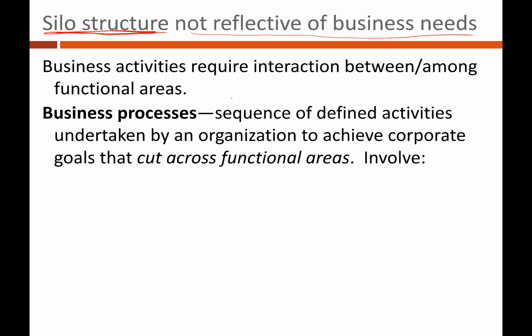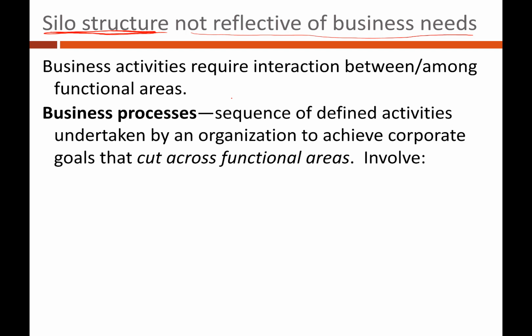And the paper that you read for this week, the book chapter, focused very heavily on this concept of a business process, and how much of what is done in information technology involves bringing automation to a business process for the sake of improving what we achieve within our organization.